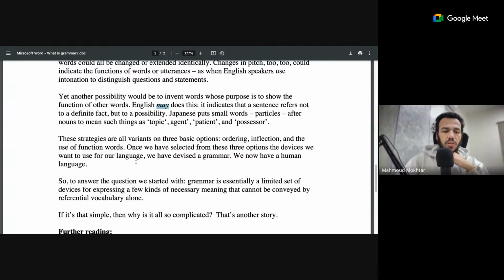Once we have selected from these three options the devices we want to use for our language, we have devised a grammar. We now have a human language.